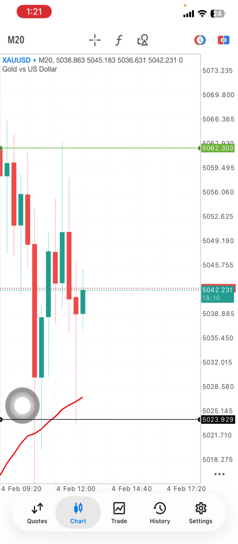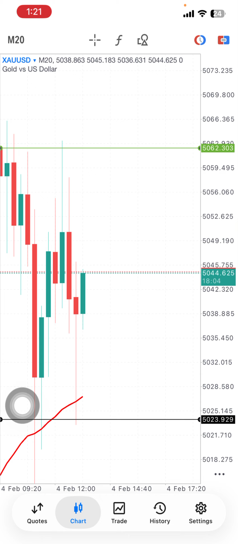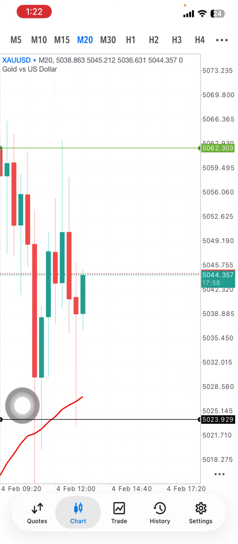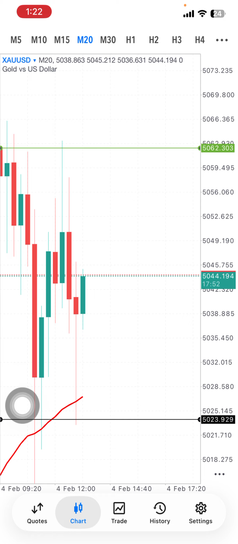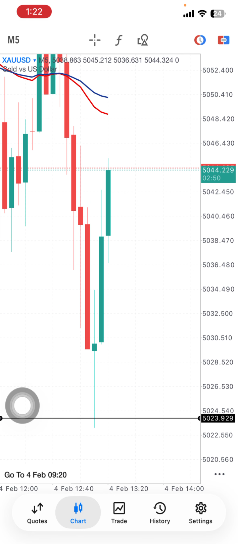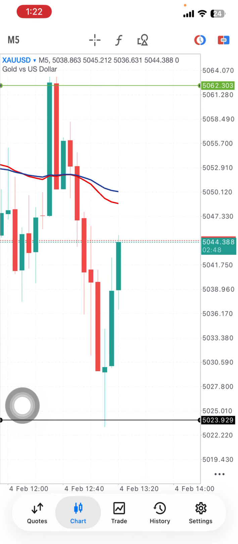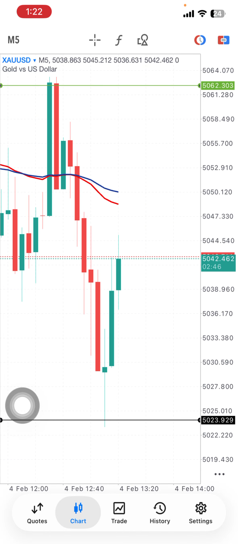Once it creates this support, it means we can continue to hold our entry. Let's go back to our 5 minutes. Right now we are at 2,500 pips. Yeah, you see, we keep moving. Let's see what happened, guys.